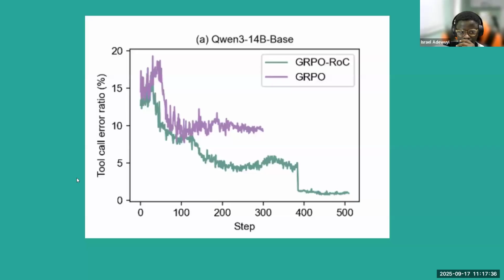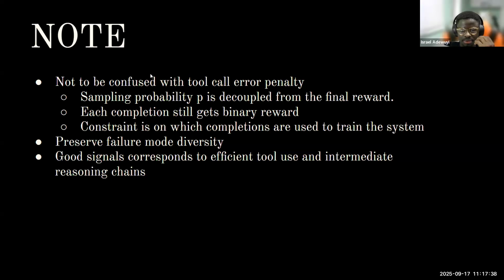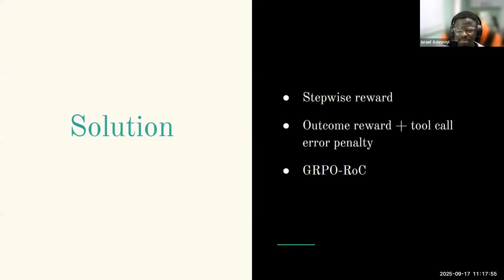I made this point because this was a little confusing for me when I read the paper, but I clarified that. The idea is that the sampling probability for the positive cases is decoupled from the final reward. Because this seemed to me in spirit like outcome reward with penalty.